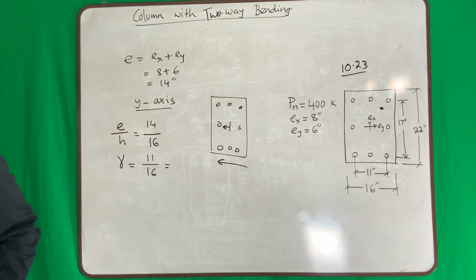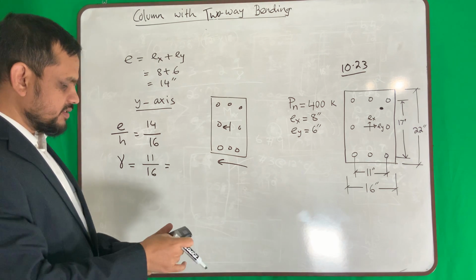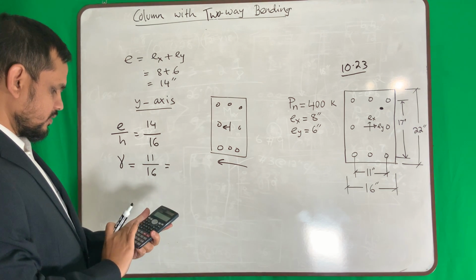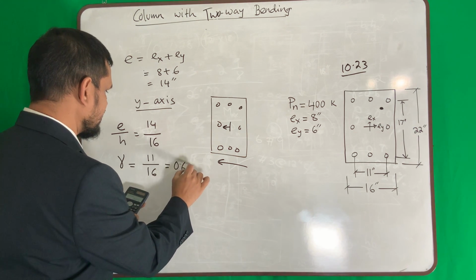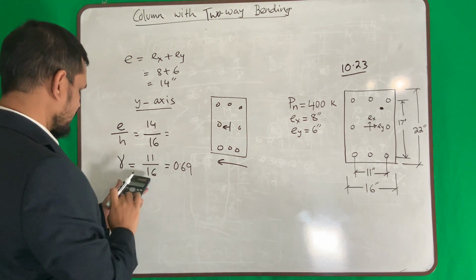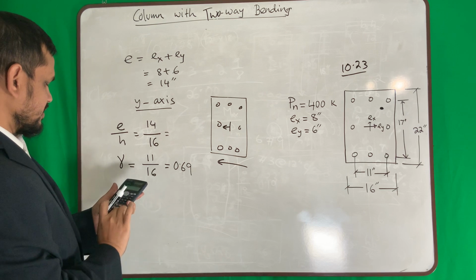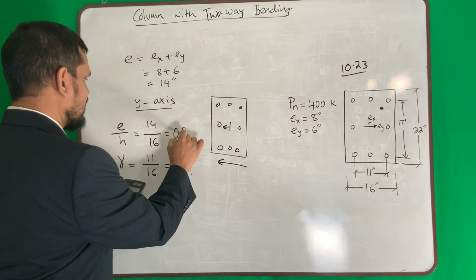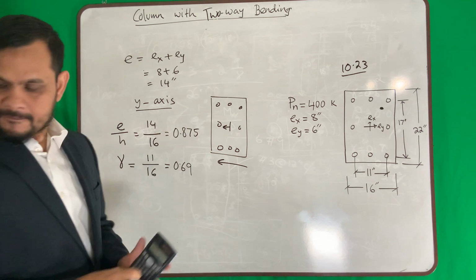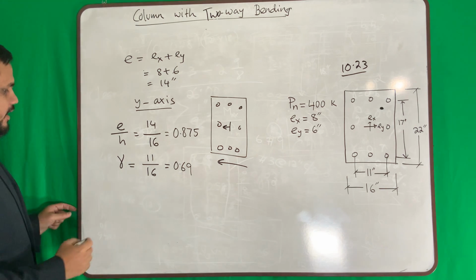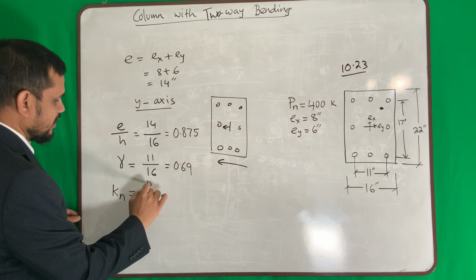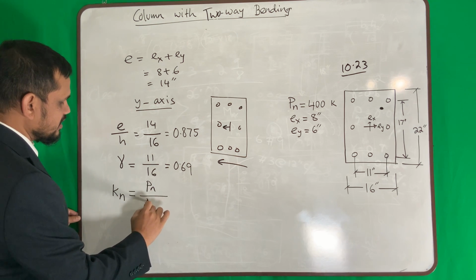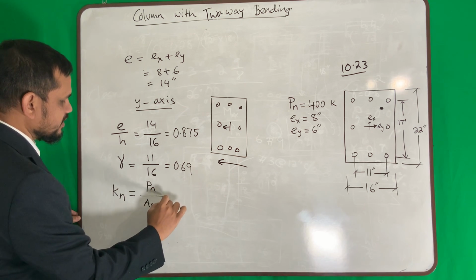How much is it? Okay, let me design this problem fully. It is 0.69. 14 by 16 is 0.875. Then what is your Kn? Kn is Pn over f'c Ag.